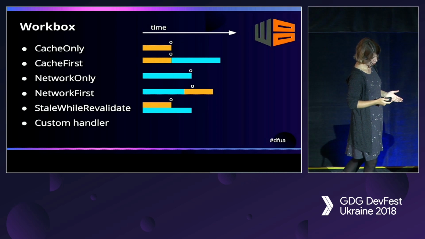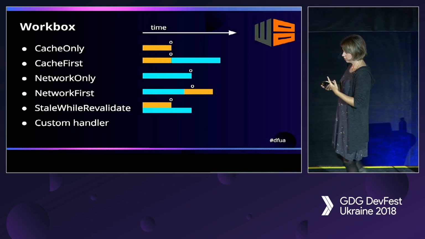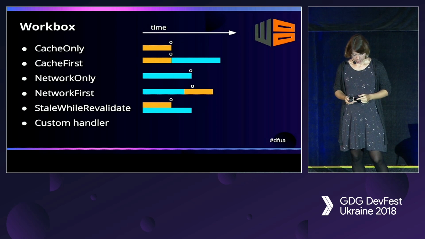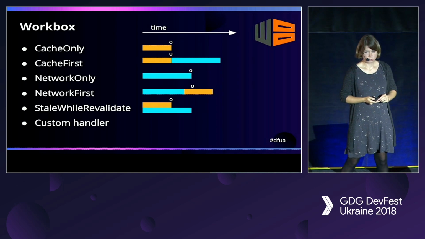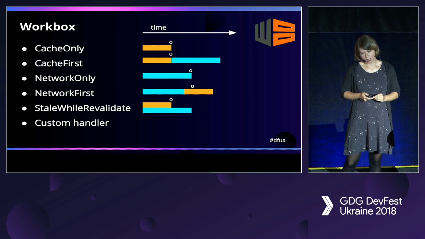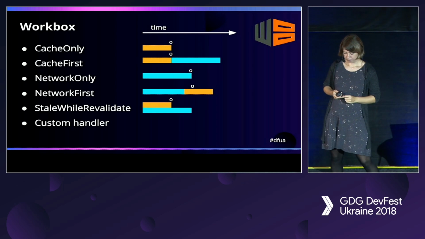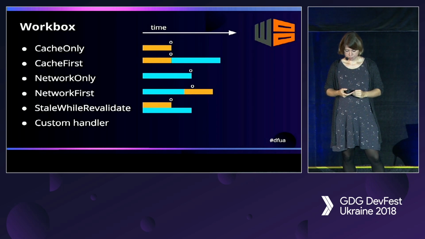In network first, again, you first go to the network, and if the network is patchy or down or you're offline, you get it from the cache. This is a better solution for the resources that you usually want to be fresh and treat the cached version only as a backup. The stale-while-revalidate strategy is interesting because you kind of do both.